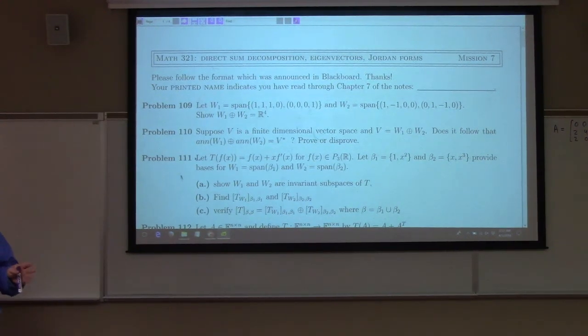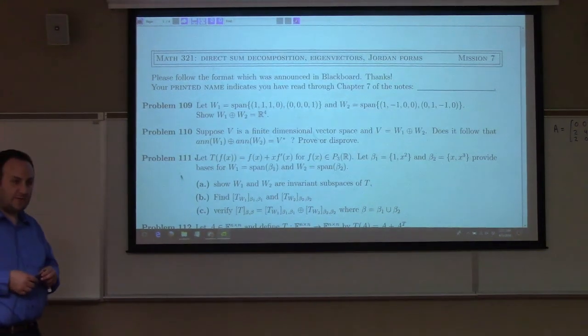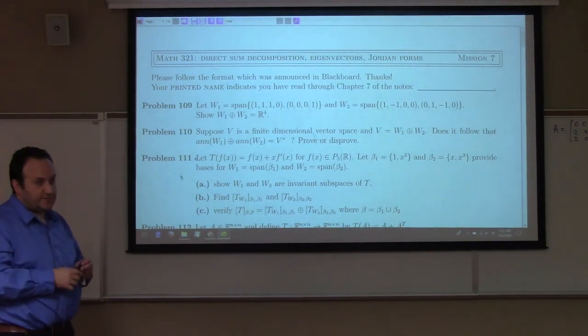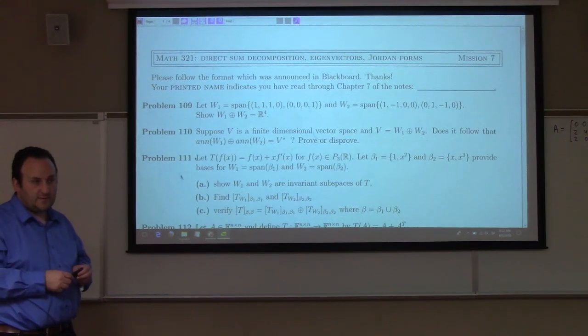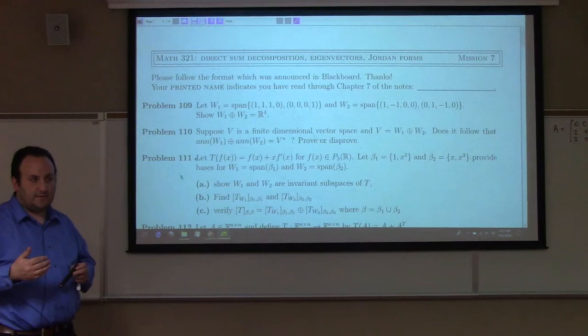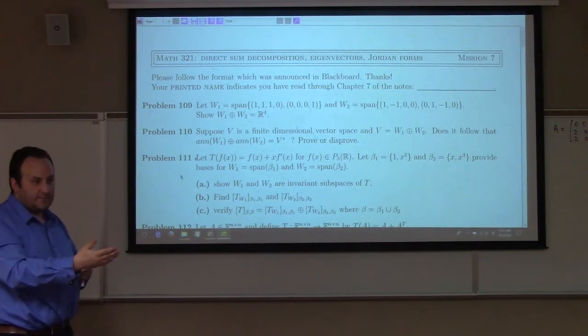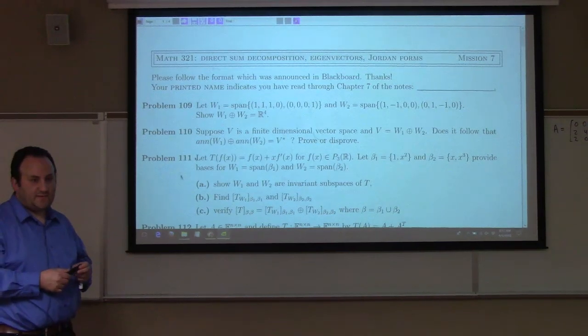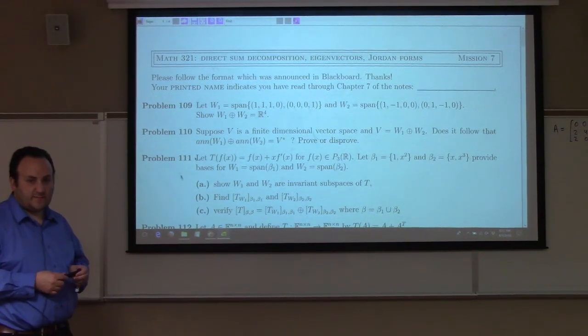That is one way. Another way we could attack this, remember our theorem about equivalence of internal direct sums for a given subspace? One of the theorems we had was if we could take the basis for W1 and the basis for W2, and string them together and get a basis for the whole space, then what? Then that proves it's an internal direct sum. That was one of our equivalent conditions.